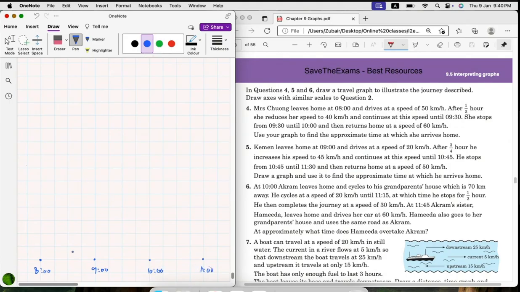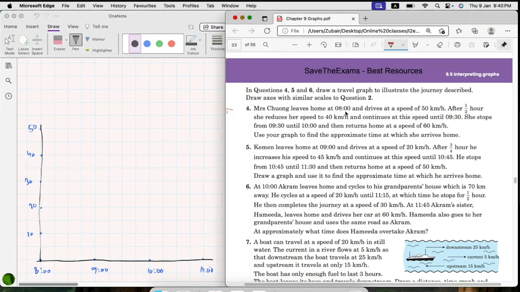And on the y-axis, this is 10, 20, 30, 40, 50, and so on. This is kilometers, and this is time, hours.